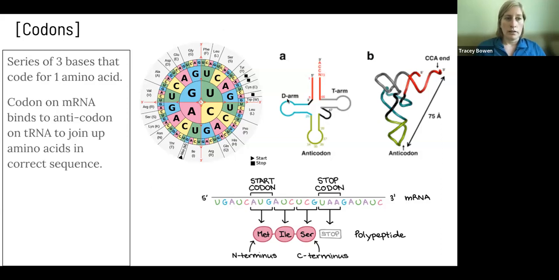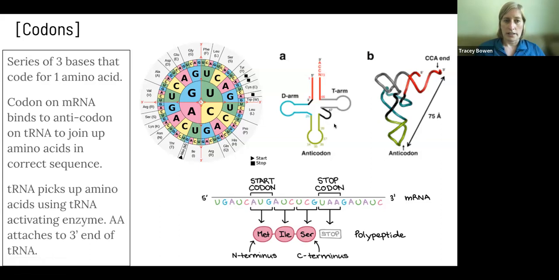The codon on messenger RNA binds to an anticodon, and so you can see here some representations of the structure of transfer RNA. This is actually more what it looks like, but this is a more stylized, easy to visualize version. Those are both molecules of transfer RNA with the amino acid on the top and the anticodon on the bottom.